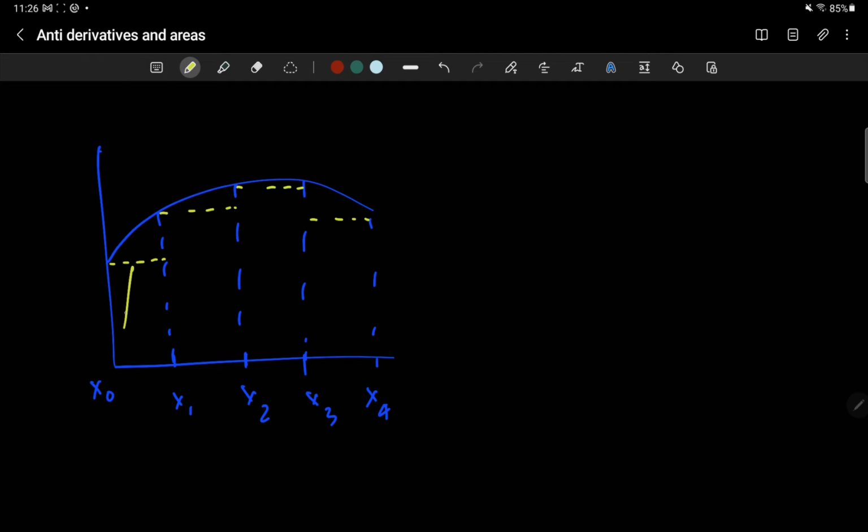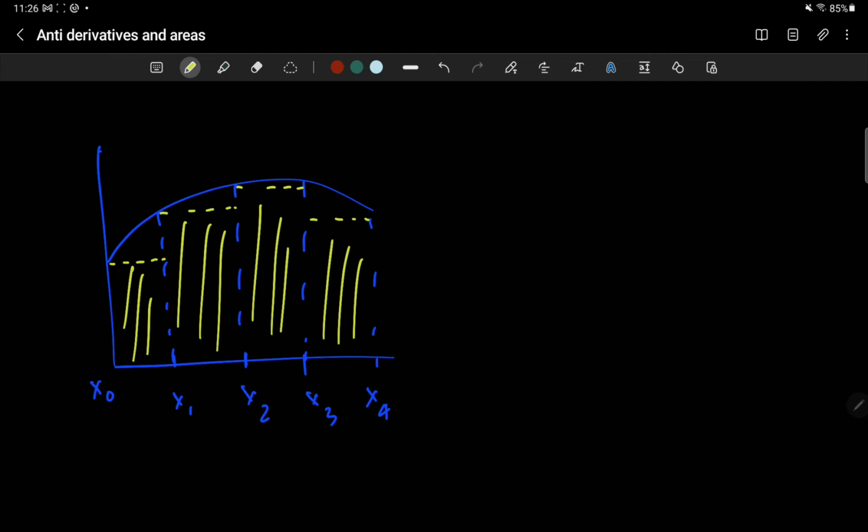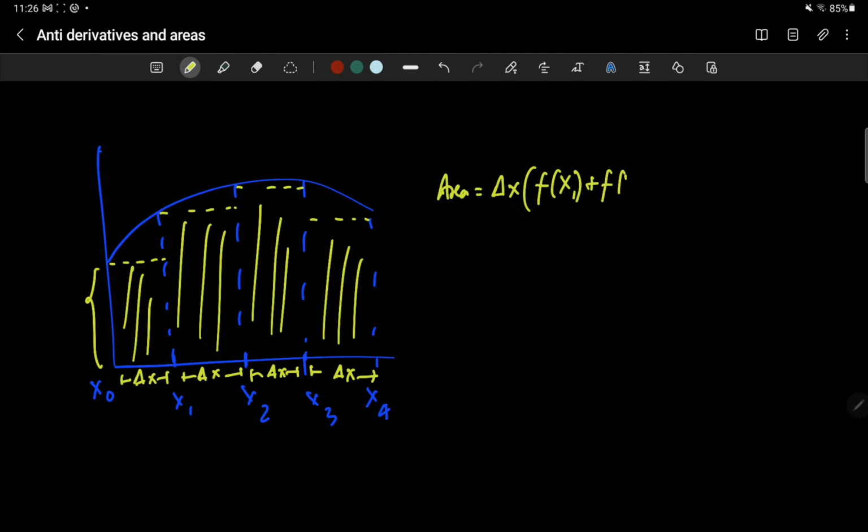And we estimate the sum of these areas and see what that comes out to. Now if I make all of these widths the same, delta x, then the area comes out to delta x times f of x1 plus f of x2 plus f of x3 plus f of x4, which are these heights.